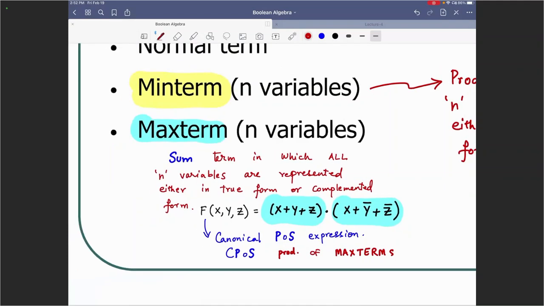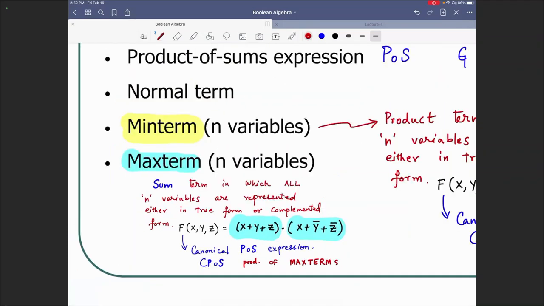And in this case, we are doing this or this or this. So essentially, we are trying to see whether the inputs make it into a low or not.